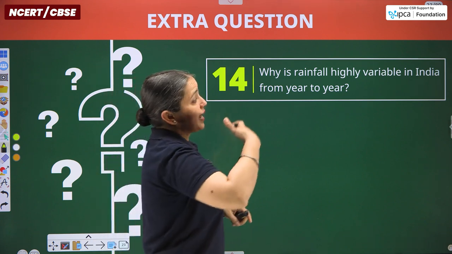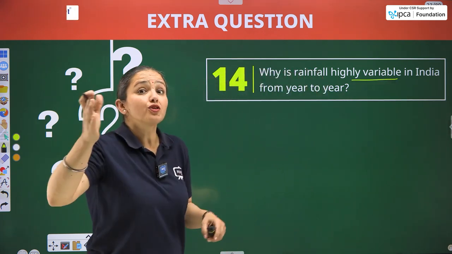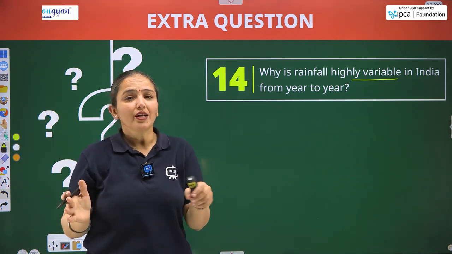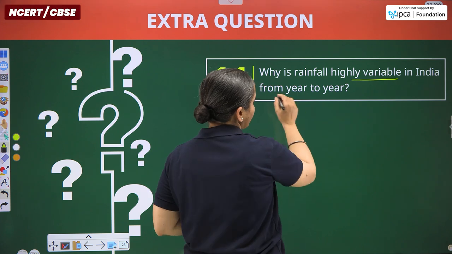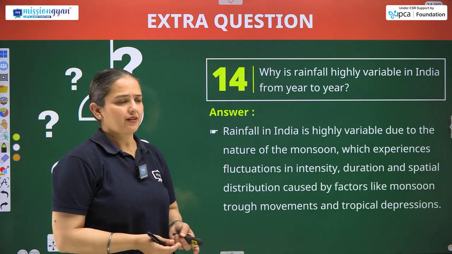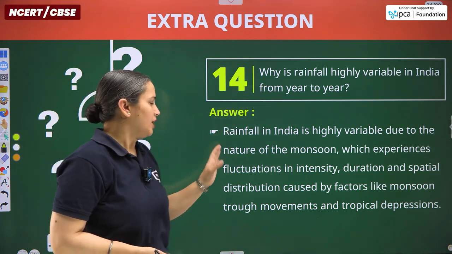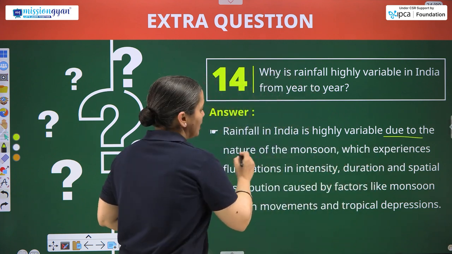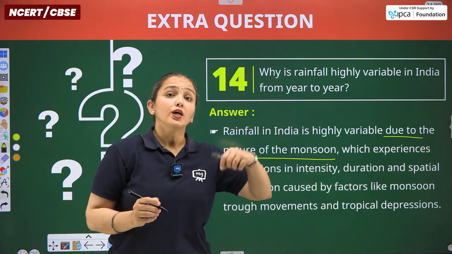Why is rainfall highly variable? In the simplest terms, the distribution of rainfall is not even. So why is rainfall highly variable in India from year to year? Various factors affect this variation. Rainfall in India is highly variable due to the nature of the monsoon, that is, in what amount it is going to rain.